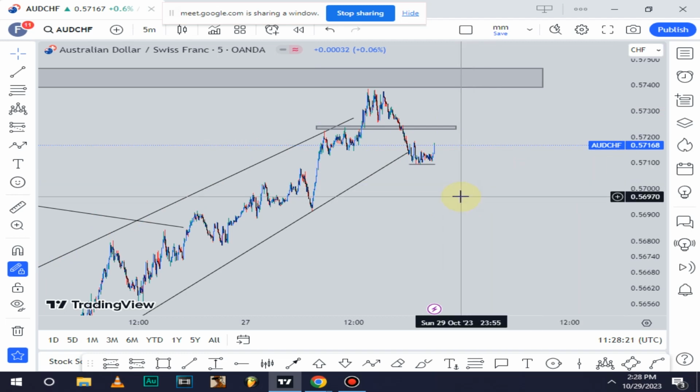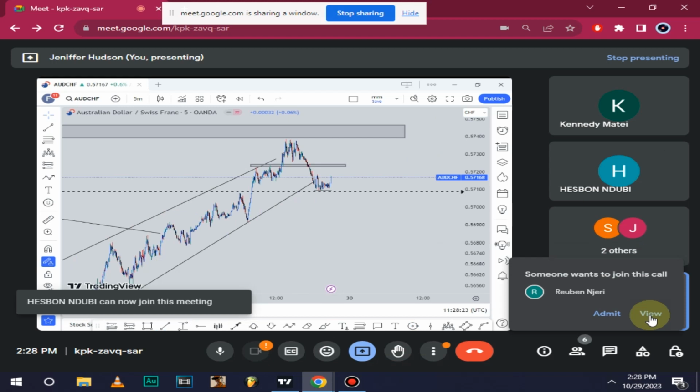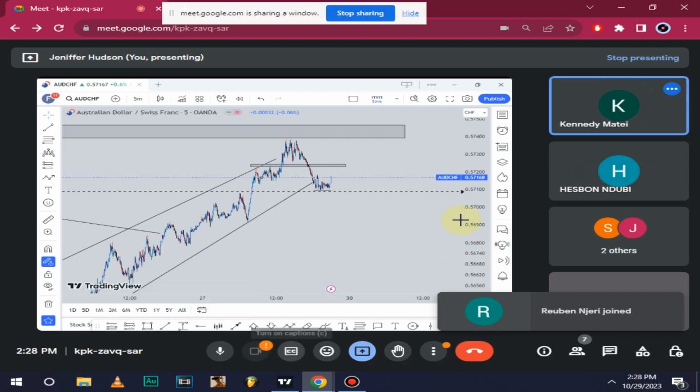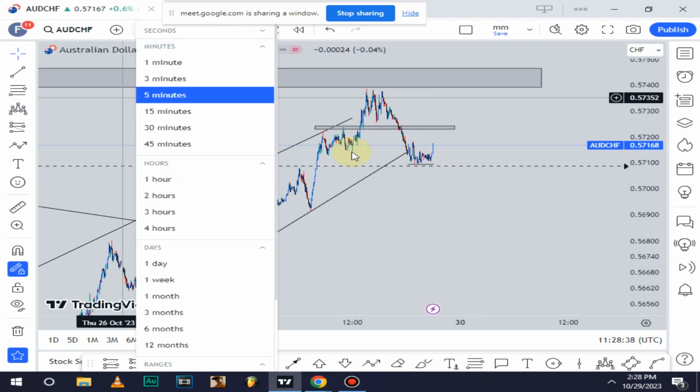I'll be waiting for a 1 hour candlestick to close below this support. Let me just go back to the 1 hour.